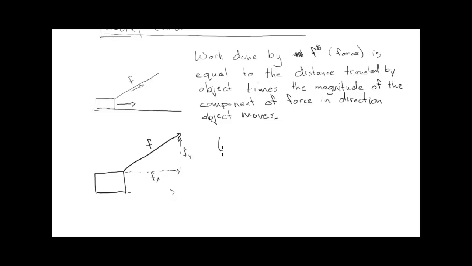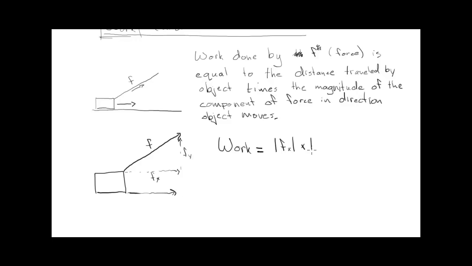So work, or W, is going to be equal to the magnitude of Fx times the distance the object traveled.